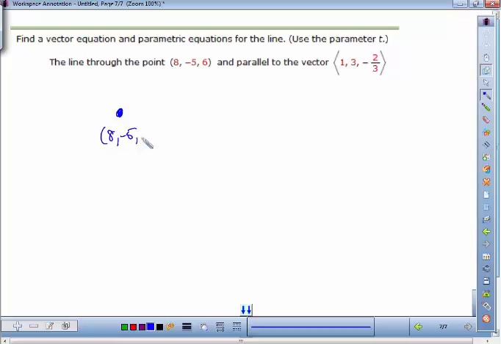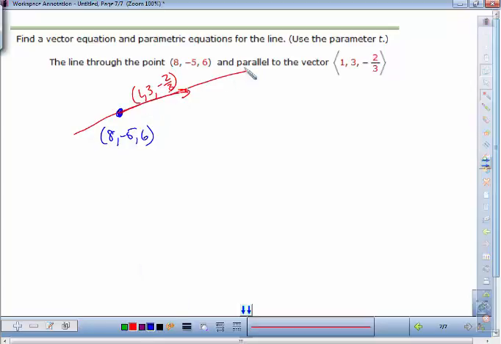So I'm just going to do a random point somewhere in space, and then I'm going to assume that this direction, 1, 3, negative 2/3, is going in the direction that I want. So I want the line that's essentially going to be spanned by this. My arrow's a little crooked, huh?